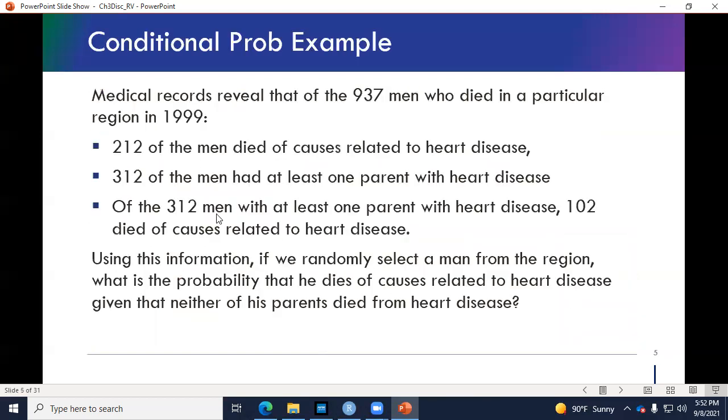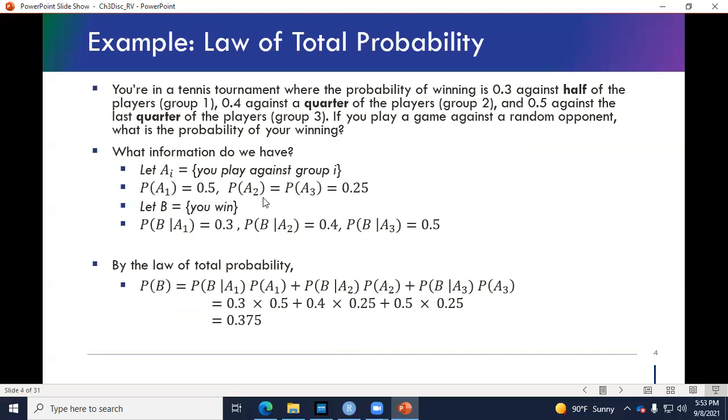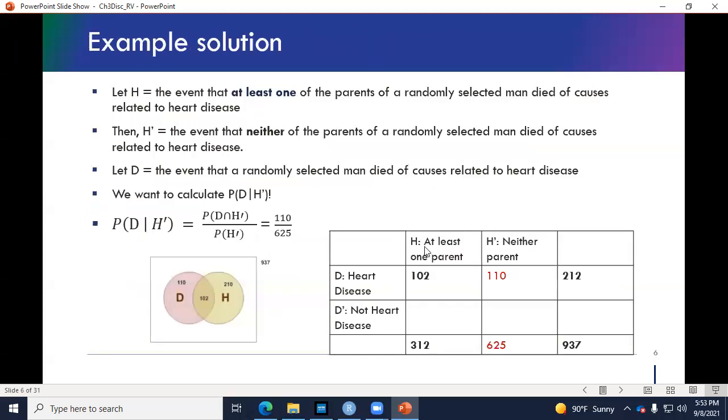And the third number, when you read the statement, you find 312 of the men had at least one parent with heart disease. So this is where we put the 312, corresponding to at least one parent having heart disease.